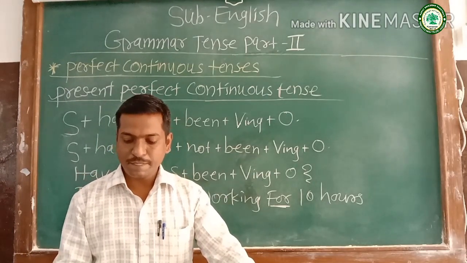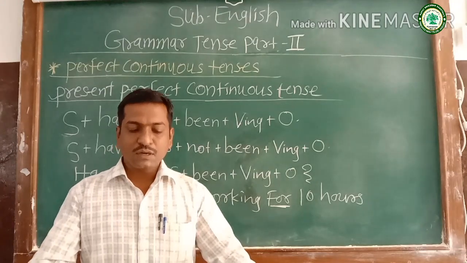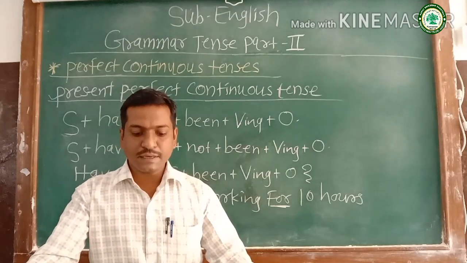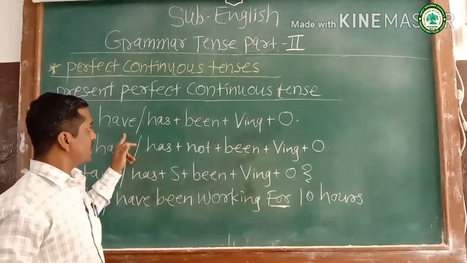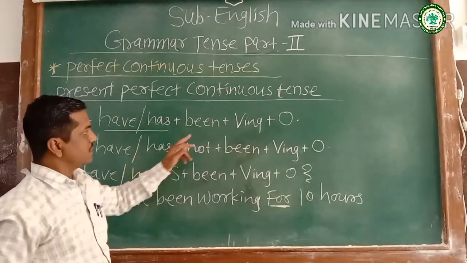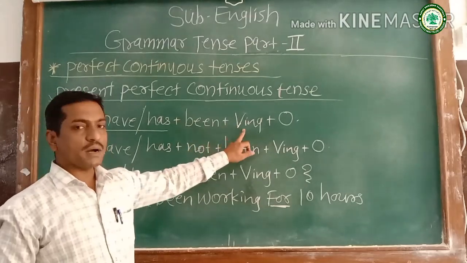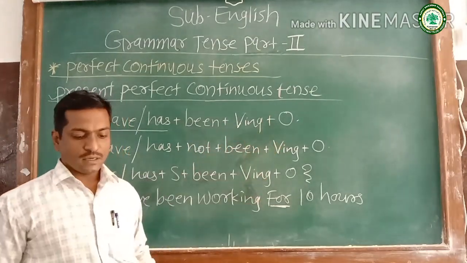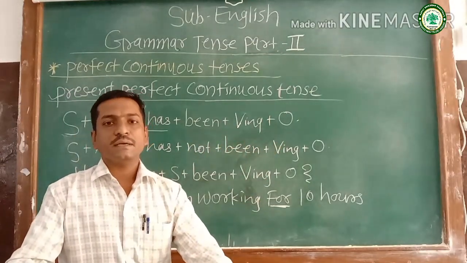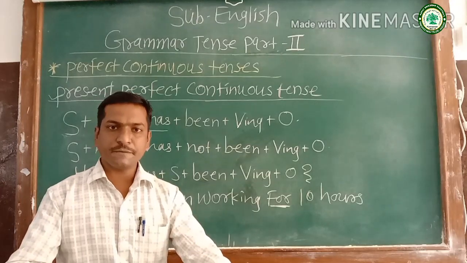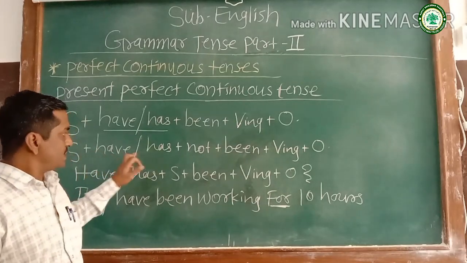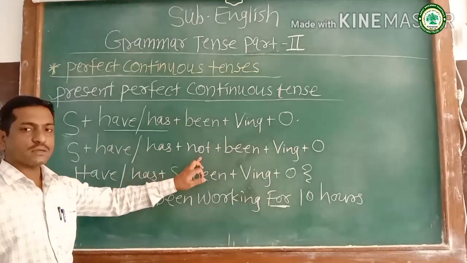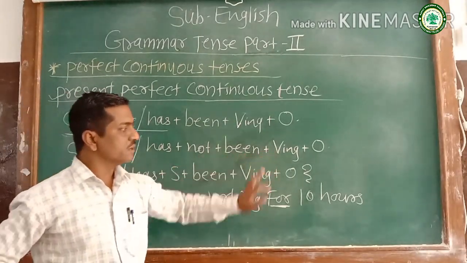Now the structure of present perfect continuous tense: we use subject, then have/has, then been plus verb-ing plus object. The negative structure is subject plus have/has plus not plus been plus verb-ing.